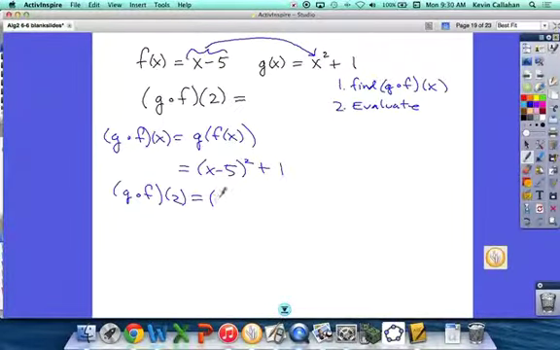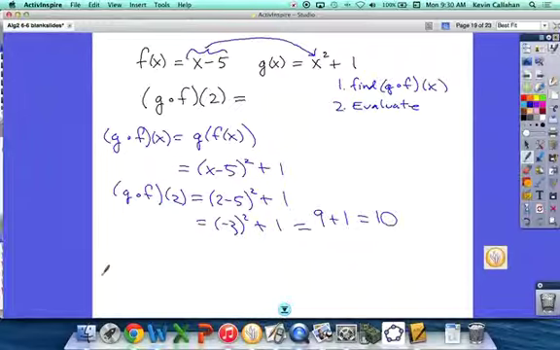So in this problem it'll be 2 minus 5 squared plus 1, which is negative 3 squared plus 1, which is 9 plus 1, which is 10. So in this way of doing it, we found the g of f of x first, and then we evaluated for x equals 2.